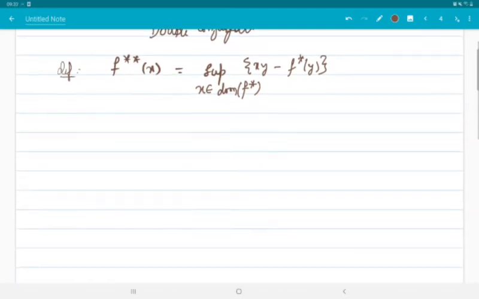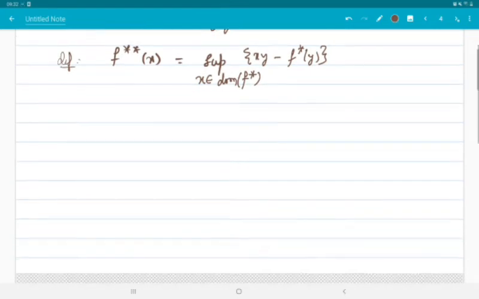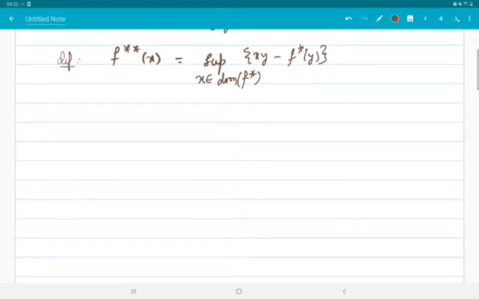Okay, so as the name specifies, whenever we speak about the conjugate of something, the conjugate of something should be the original stuff. So here also, if we are talking about a convex function, then the conjugate of the conjugate is the convex function itself.